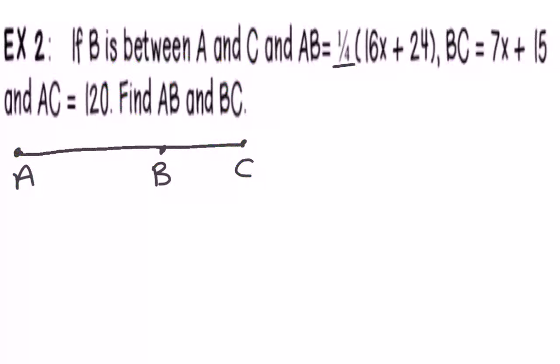So a fourth means we're just going to divide by 4. So a fourth of 16, 16 by 4 is 4. So 4x. 24 divided by 4 is 6. So I'm going to label AB with 4x plus 6.